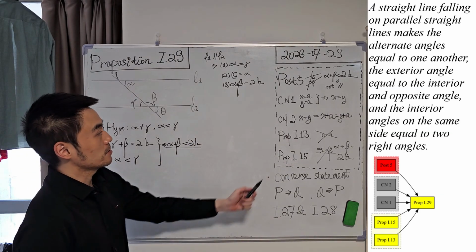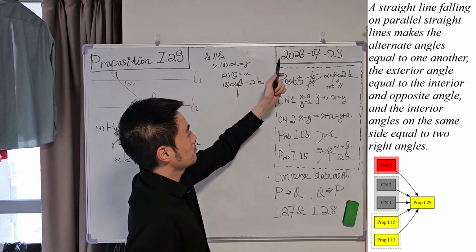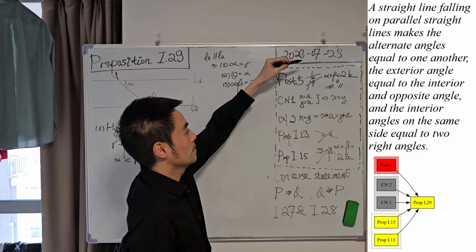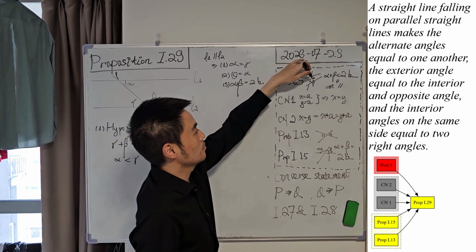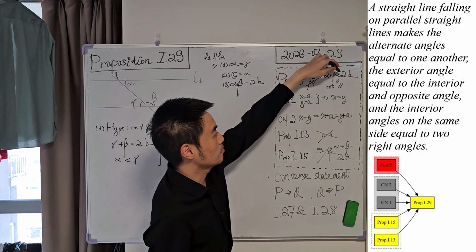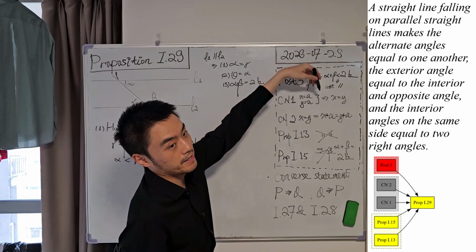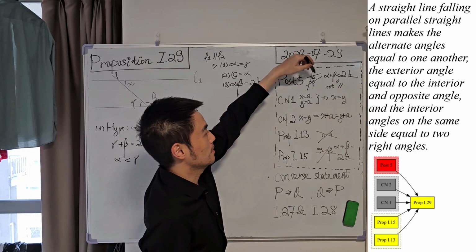And please recall postulate 5. If a straight line cuts the other two straight lines, and the sum of the two interior angles from the same side is less than two right angles, then these two straight lines will meet with each other on this side.